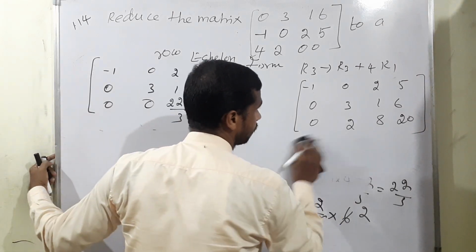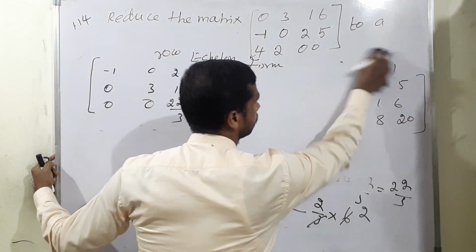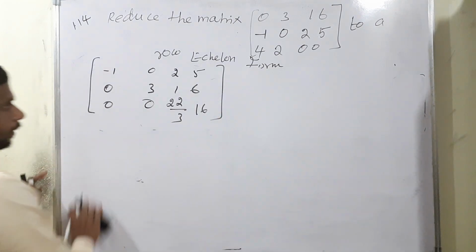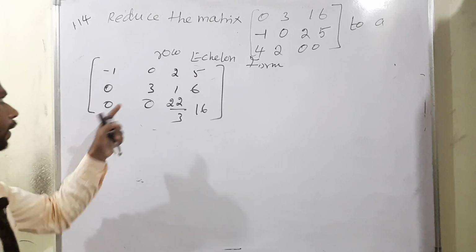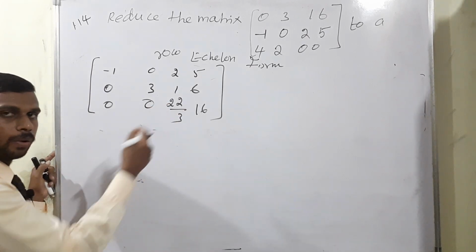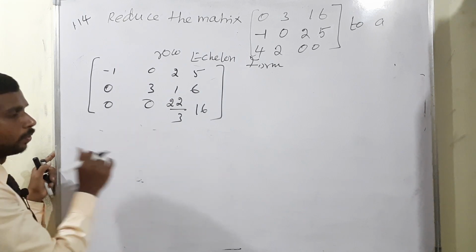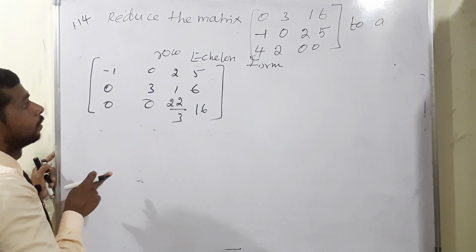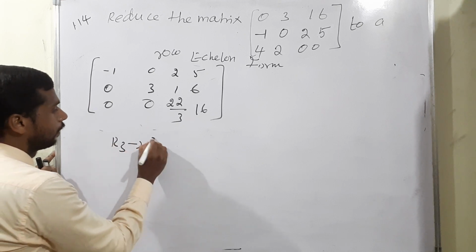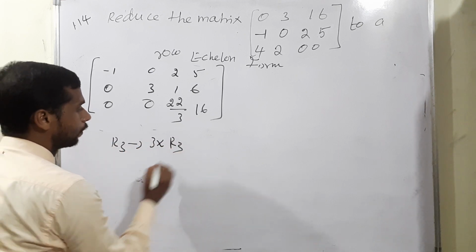Now next term, isn't it? So next step. The term will be correct for row echelon form, but actually in the third row, one fraction term is there. To convert it to a whole number makes it easy to show the answer. So now what we have to do: R3 completely we have to multiply, 3 into R3, okay.